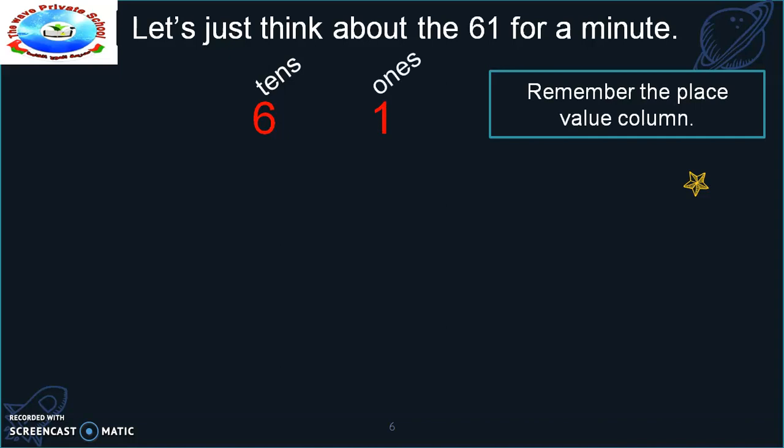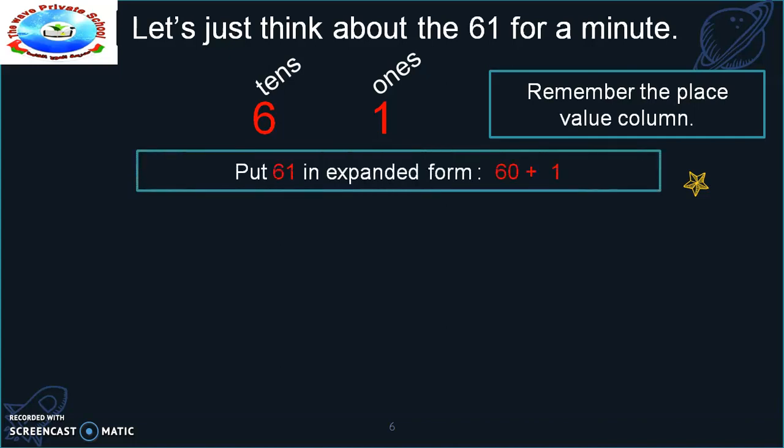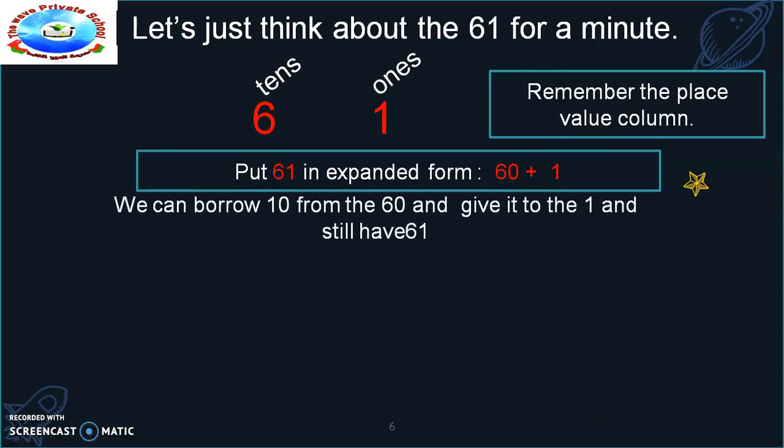Put 61 in expanded form. That is, 61 equals 60 plus 1. We can borrow 10 from the 60 and give it to the 1 and still have 61. Let's see how.